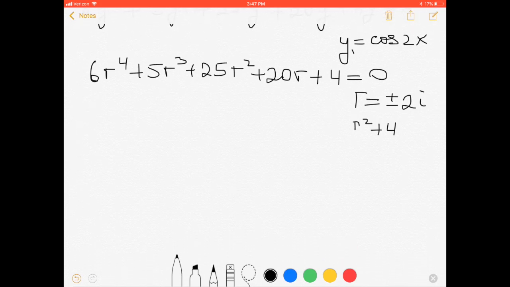This means my polynomial I can divide by r squared plus 4. All right, what do we have here?